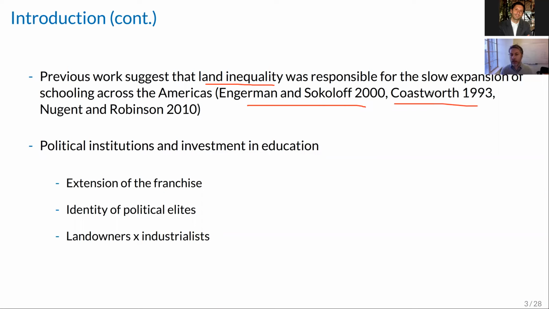But it's not only Engerman and Sokoloff, ideas were there from Cotsworth, if you look at Nugent and Robinson and more.